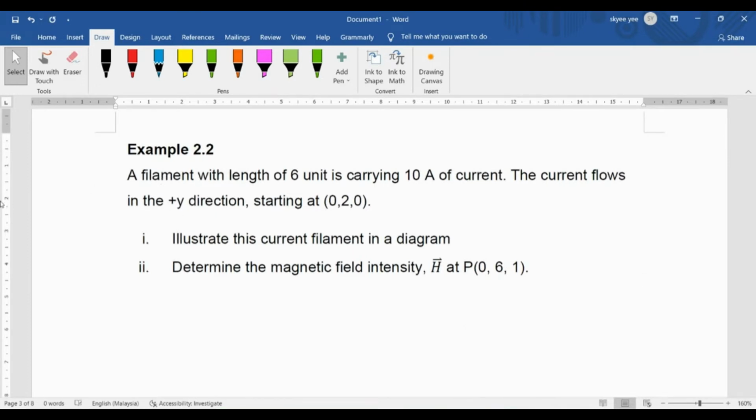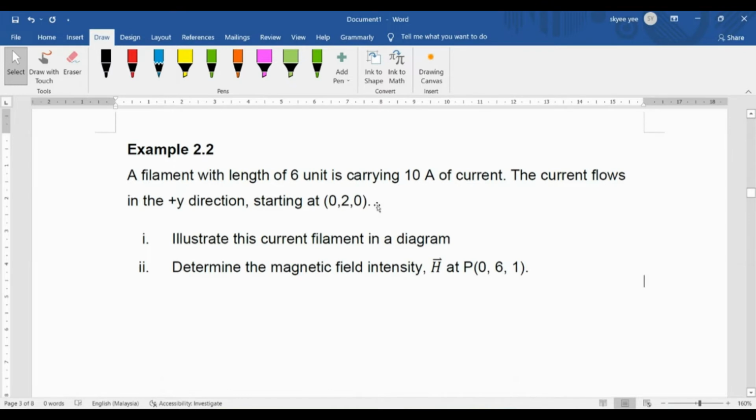A filament is actually a very thin wire, with a length of 6 units. Imagine you have a thin wire, the length is 6 units and it is carrying 10 amperes of current. The current flows in the positive y direction, starting at 0, 0.